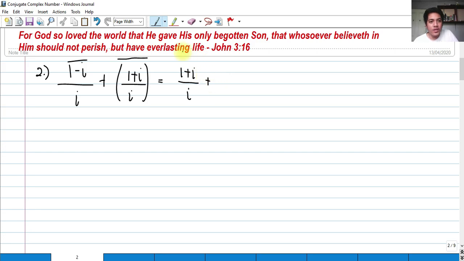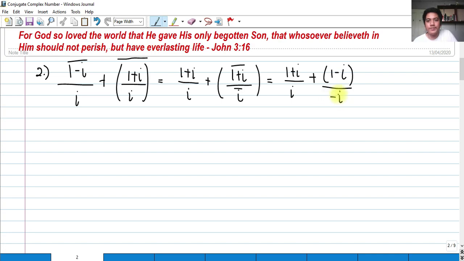By the properties of conjugate, we can distribute this on the numerator and the denominator. So simply we have the conjugate of 1 plus i, and the conjugate of i on the denominator. That's one property of conjugates. So we have 1 minus i all over negative i.